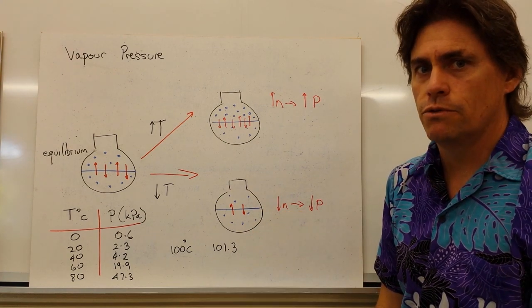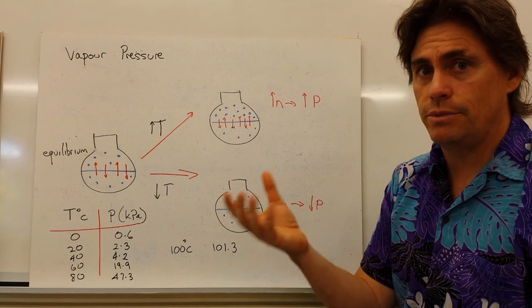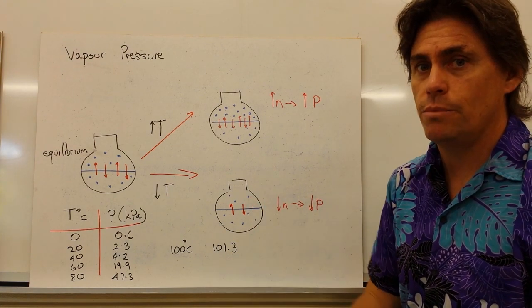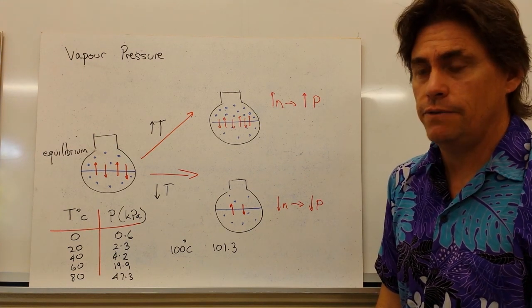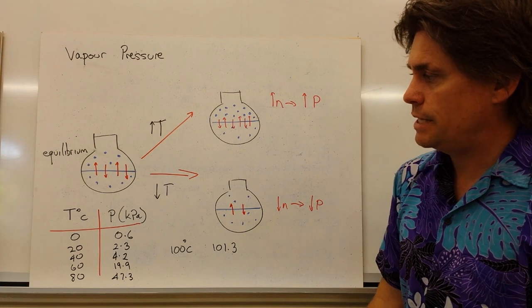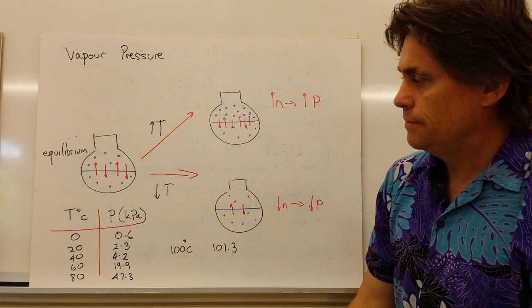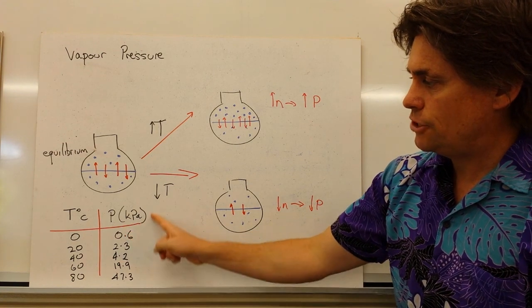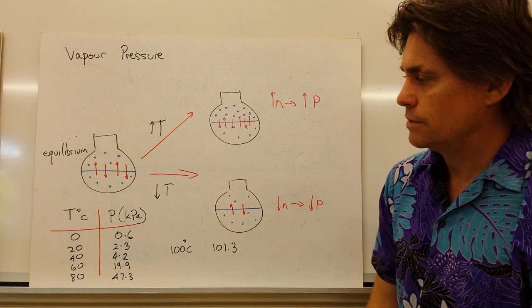So how does this work for us practically? Because we quite often have water in the air when we're measuring the pressure of a gas, it turns out that it has quite a significant effect. If we take the vapour pressure of water at 0 degrees C, it exerts a partial pressure in any system of 0.6 kilopascals.